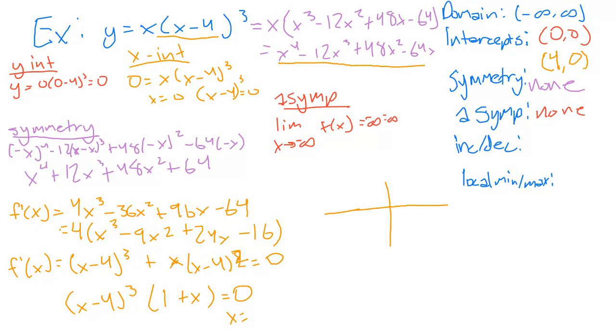So we get 4 to infinity, and we get -1 to 4, and we get -infinity to -1.